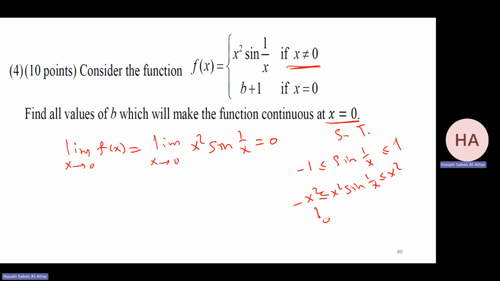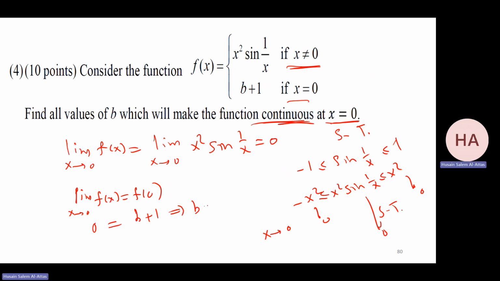This goes to 0, this goes to 0, so this goes to 0 by sandwich as x goes to 0. So the limit exists, and it should equal f at 0. He says the function is continuous at x equals 0. This is 0, and f at 0 will be b plus 1. So b equals minus 1.